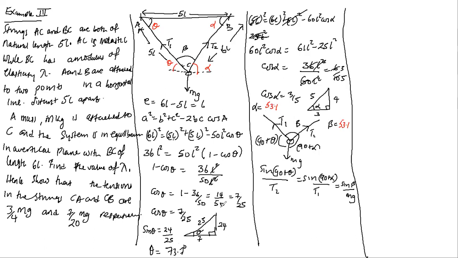So this 53.1 plus 73.7, subtract it from 180. What do you get? You must be getting 53.1.